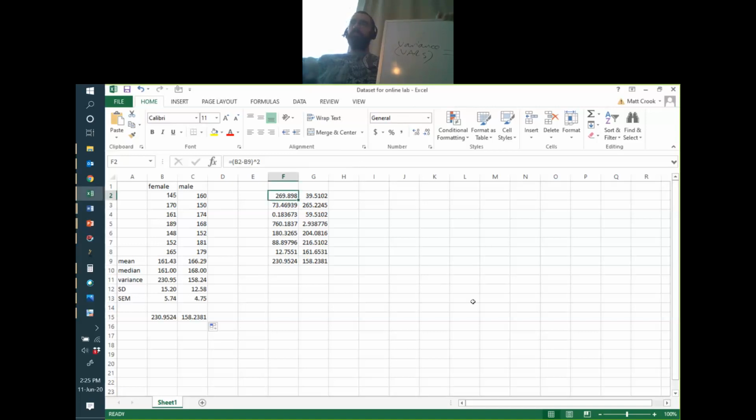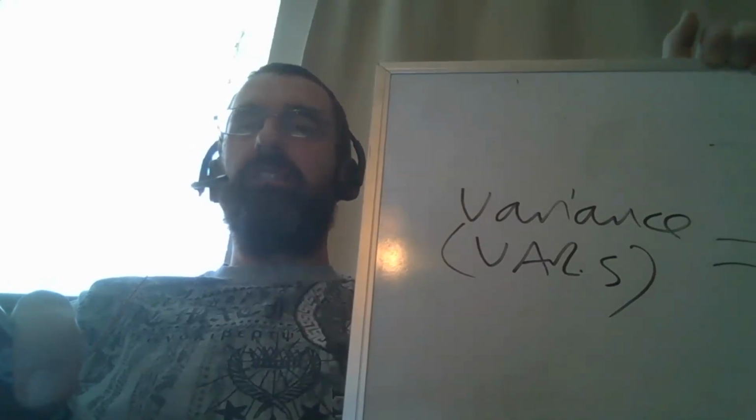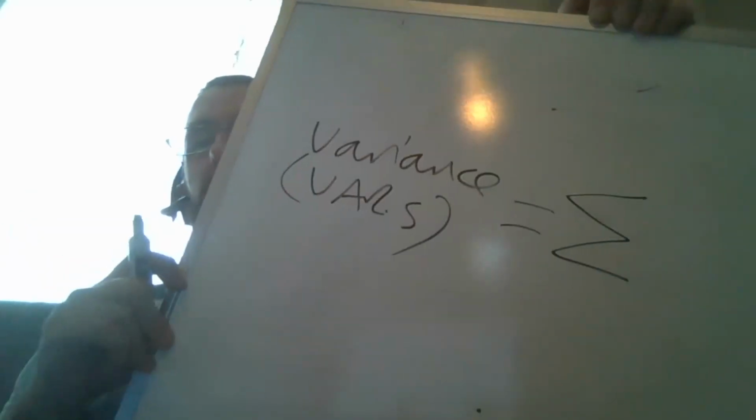Actually, I'm not sure how I can stop doing that, to be honest. Ah, there it is. It's a big orange button which says stop sharing. Okay, let's do that. There we go.